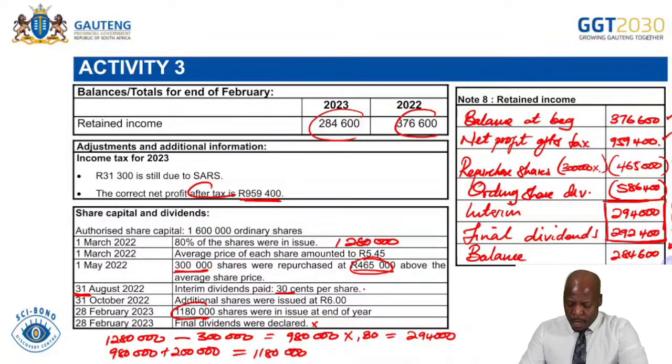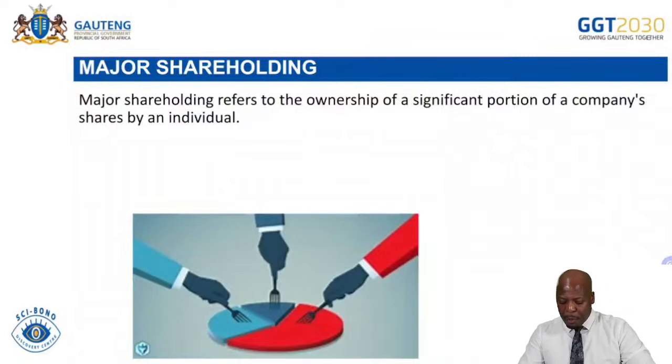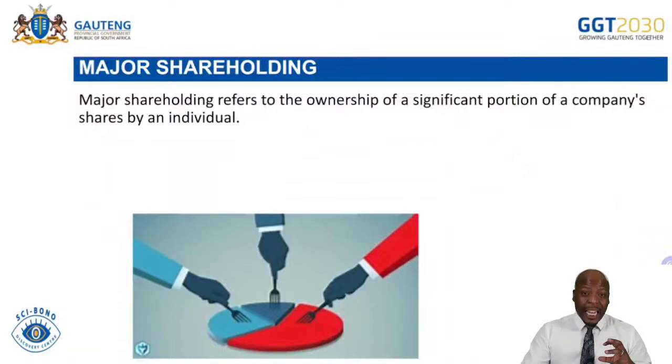After we're done with this, I'm going to do a very quick activity with us that has to do with major shareholding. When you talk about major shareholding, it refers to the ownership of a significant portion of a company's shares by an individual. When shares are issued to the public and an individual holds a significant portion, that individual is called a major shareholder.